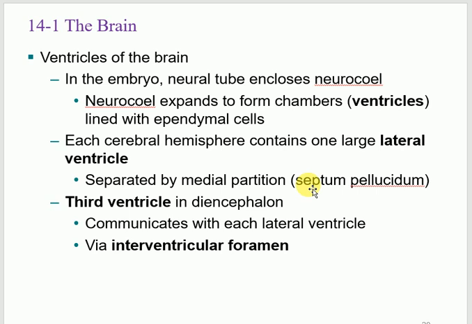Now inside the cerebrum, inside those two hemispheres, we have spaces. It's not compact. There are spaces inside, and these spaces are lined to enclose them. Why do we have spaces? Because the blood does not enter all the way into the brain.